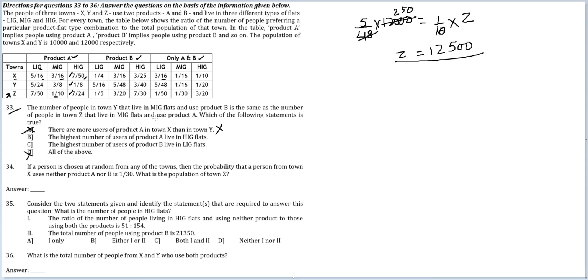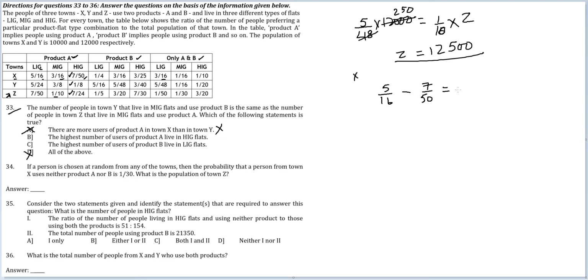I'm checking A. HIG people. Now see, if you know fraction comparison, 5 by 16 is greater than 7 by 50. So I'm doing, in X, 5 by 16 minus 7 by 50 to give me how many more people use product A in LIG compared to HIG.